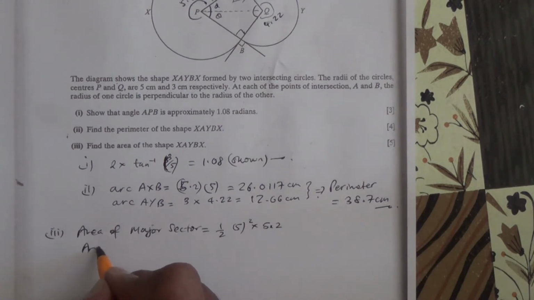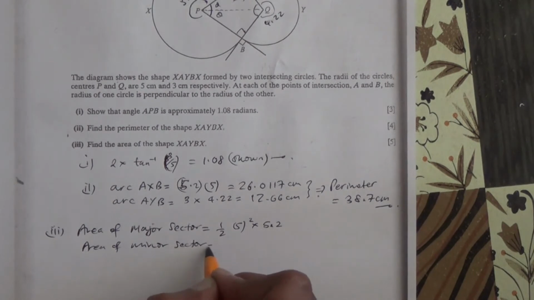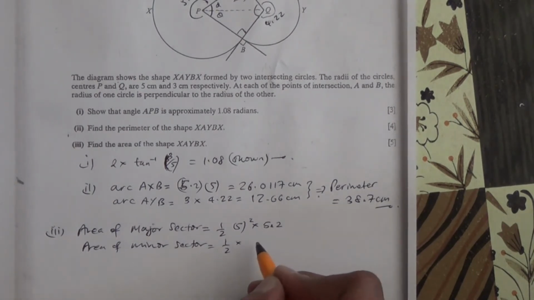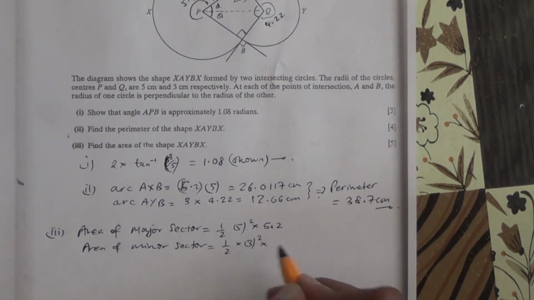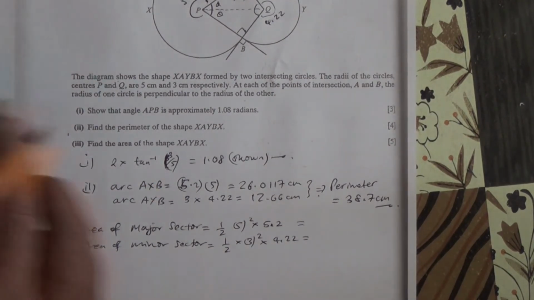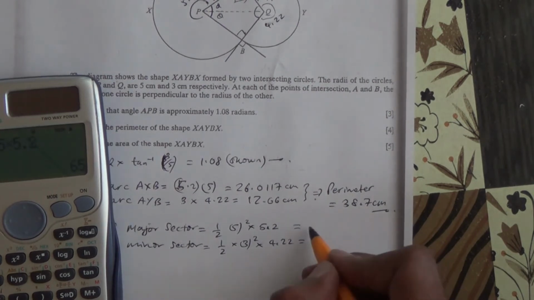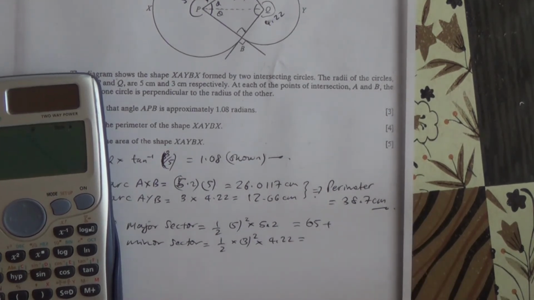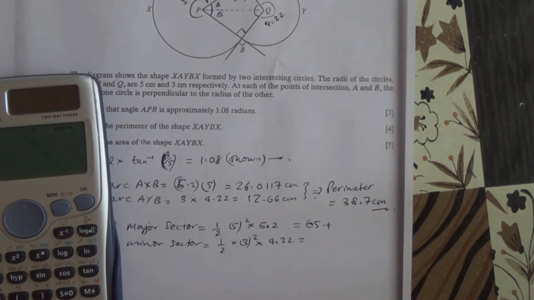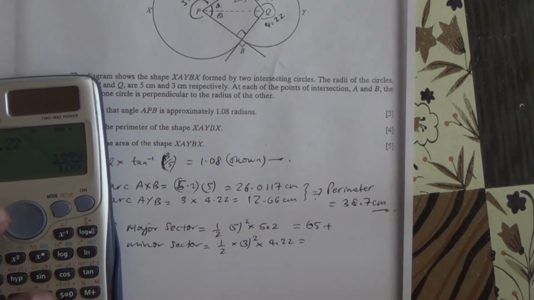The area of the minor sector is going to be equal to half times 3 to the square times 4.22.